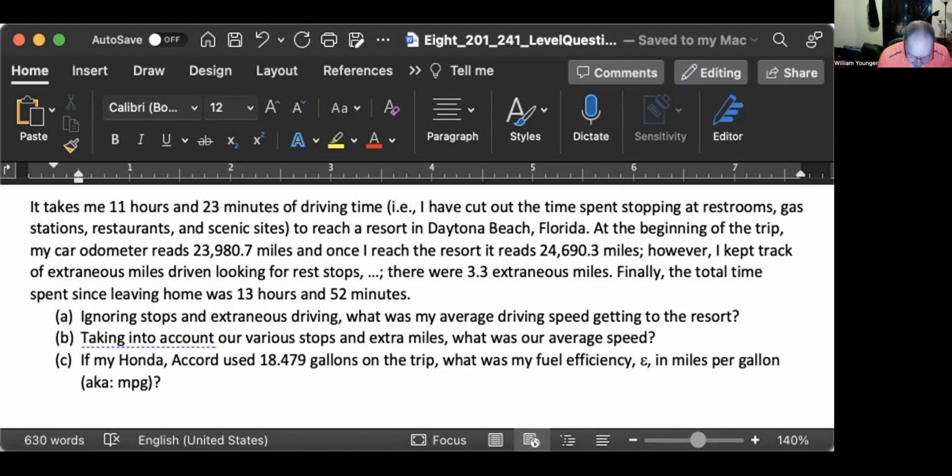And since I'm going to be using miles per hour, I really need to convert that to just plain hours. What you do to do that is you say the whole number is 11, and then you say 23 sixtieths. So that's equal to 11 and 23 sixtieths hours.